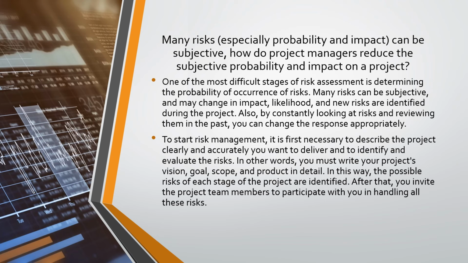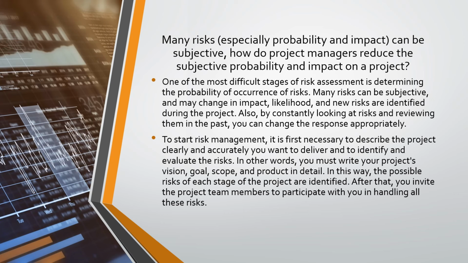Many risks, especially probability and impact, can be subjective. How do project managers reduce the subjective probability and impact on a project? One of the most difficult stages of risk assessment is determining the probability and accuracy of risk.